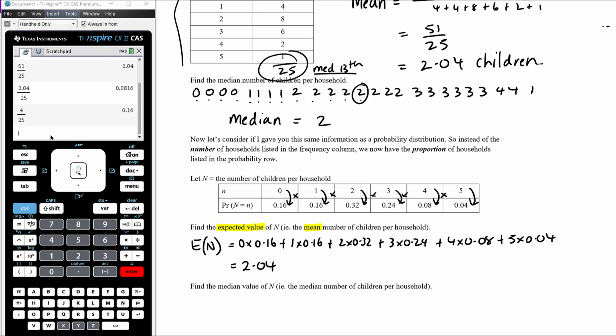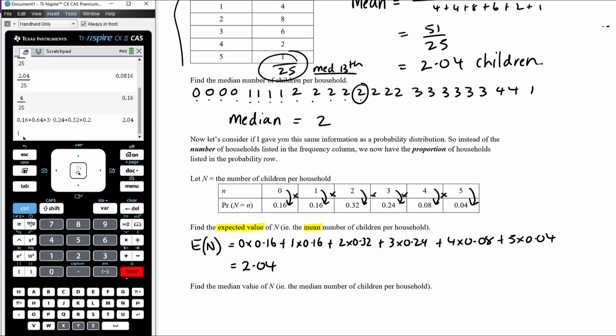I won't bother typing in 0 times 0.16. Let's do 1 times 0.16 is 0.16, plus 2 times 0.32 is 0.64, plus 3 lots of 0.24 is 0.72, plus 4 lots of 0.08 is 0.32, and 5 lots of 0.04 is 0.2. And indeed, we have 2.04.